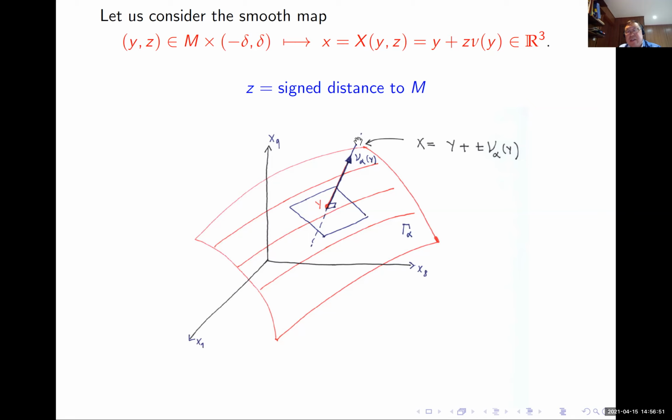At each point outside the surface, you look at the distance to the surface, called t, and then project to a point on the surface, called y. This is the Fermi coordinate, y plus z mu(y). Near the surface, I can use this coordinate.